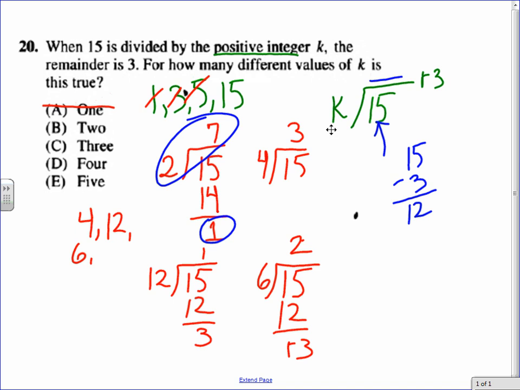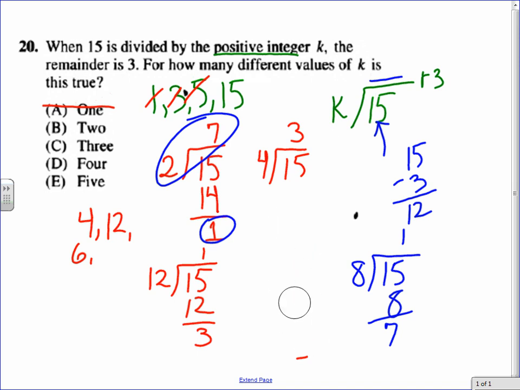And then 8 is probably not going to work because it's not a factor of 12. And you could just test it out if you want to be sure. It's only going to go in once, and it'll give you remainder 7. 9, now we're just getting to situations where the numbers can only go in 1 time. And then the remainder is just the difference between 15 and the number.